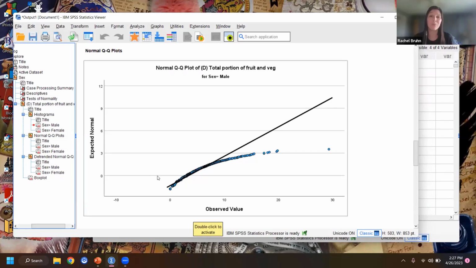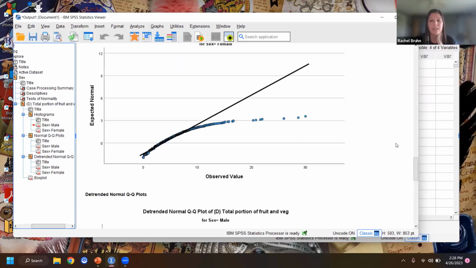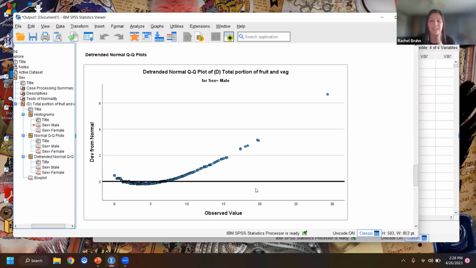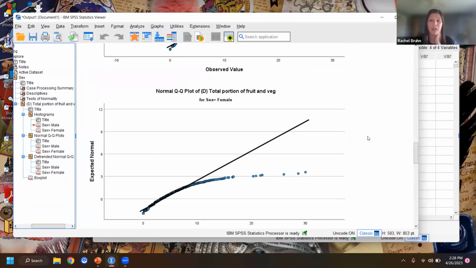So we ideally want all of these dots to be very closely fitted to that line. But we can see here that as we move up in these values, they deviate more and more from that normal distribution line. Same thing on this one. So we can see here that these are definitely violating our assumption of normality.